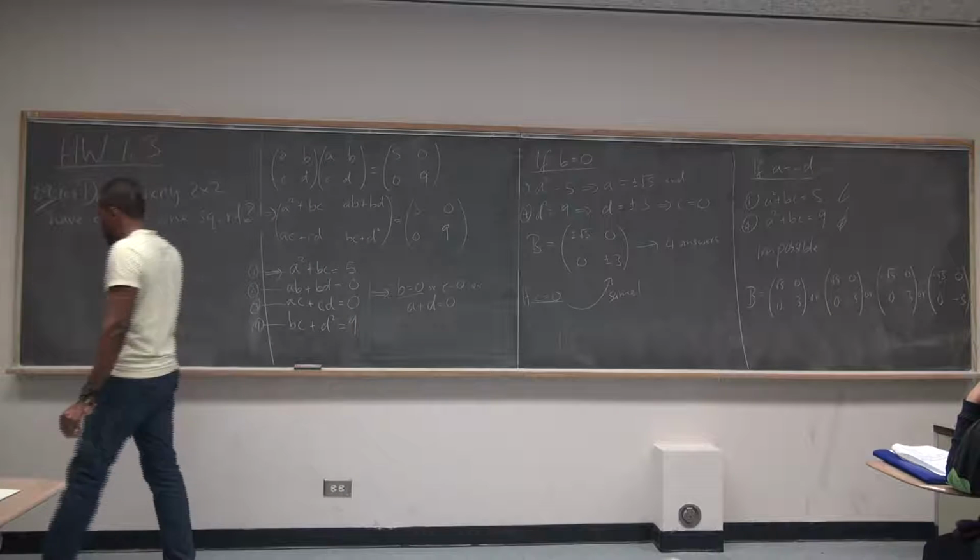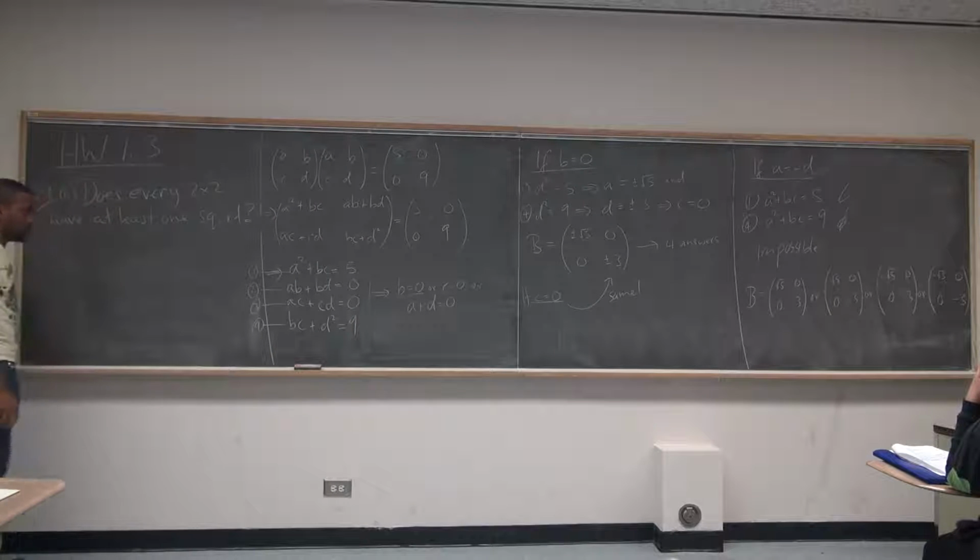Does it have to be real? No. If it was real, then for 2 by 2 matrices, the entries on the main diagonal would have to be positive. But we don't care about real.